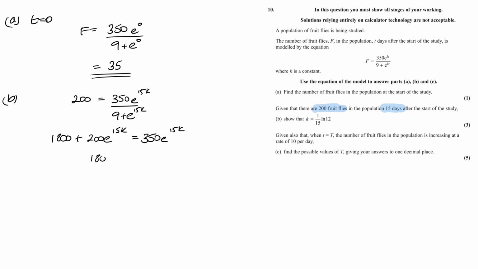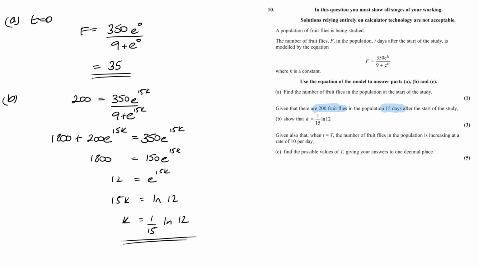So that means 1800 equals 150e to the 15k. 1800 divided by 150 is 12. So e to the 15k equals 12. And then it's quite easy from here. 15k equals ln 12, so k equals 1 over 15 ln 12.